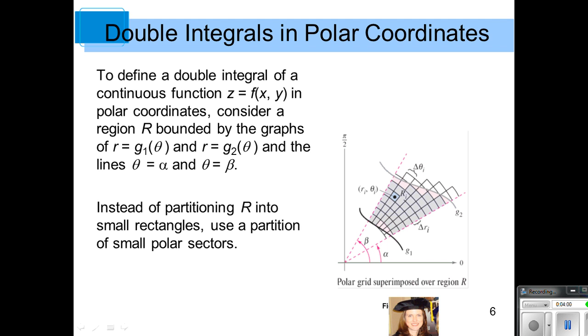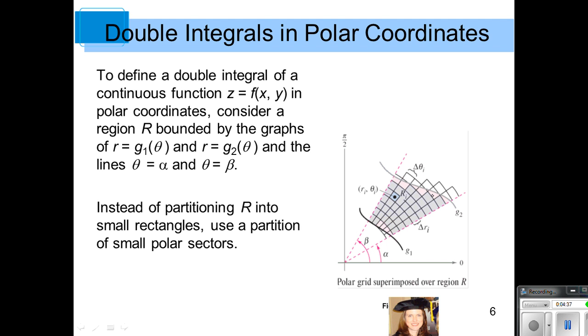Now double integrals in polar form are going to require us to find a way to find the area of circular sectors. To define a double integral where we have z as a function of x and y in polar coordinates, you're going to consider the region that's bounded by the graph where r is equal to g1 and r is equal to g2, and by the angles theta equals alpha to theta equals beta.